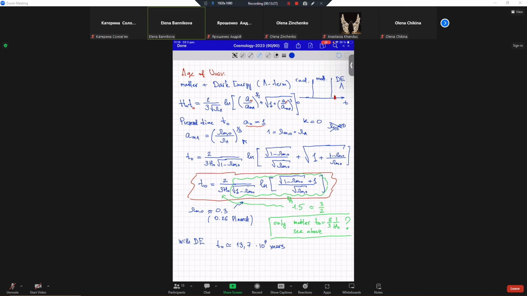So this is the age of our universe. Now you understand how to obtain it. If we speak about all objects in our universe, they should be not older than the age of the universe as a whole.